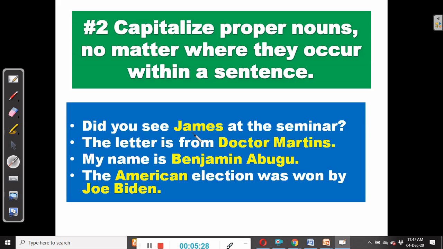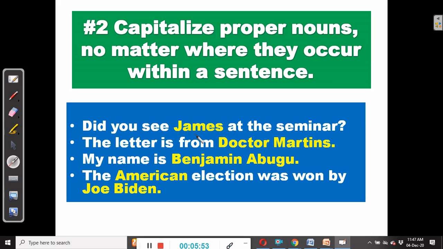Now, the difference between James as the name of a man and man as a name itself is that James is a proper noun, man is a common noun. Now, there are many men out there, but James is the name of a particular man.